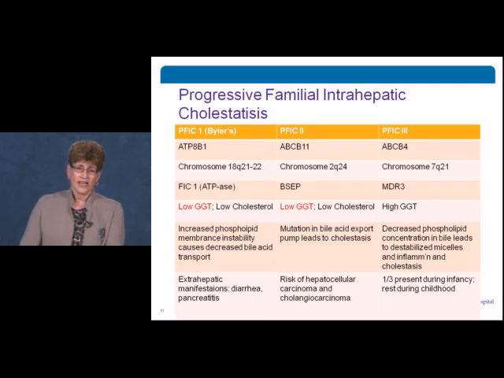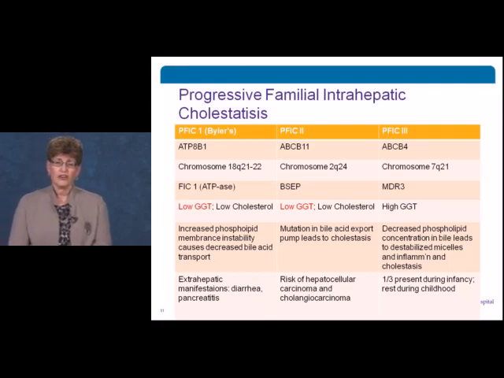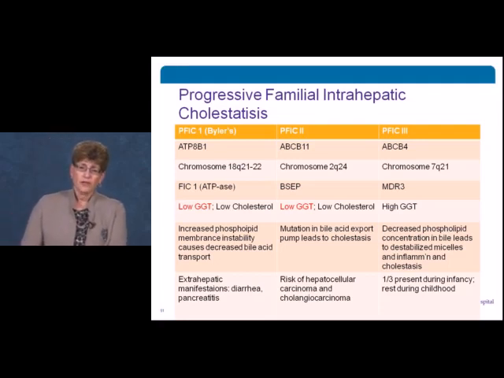I'm sorry, I don't know if you can see the slides, but the bottom got cut off. But in PFIC 2, there's a risk of hepatocellular carcinoma and cholangiocarcinoma. And PFIC 3 is a less severe form. Only about 1/3 of those present during infancy and the rest during childhood.